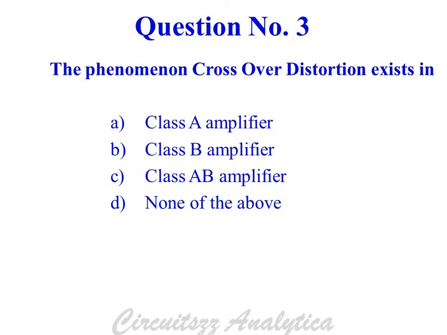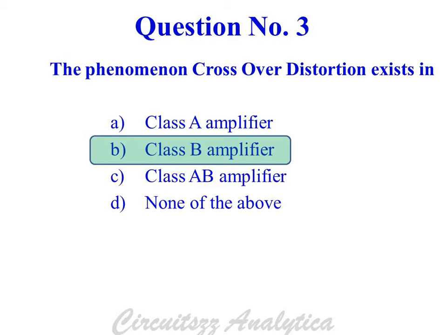The phenomenon crossover distortion exists in Class B amplifier. So in Class B amplifier, there are two transistors, a PNP transistor and one NPN transistor. In the case of a sine wave input, during positive half of the input signal, NPN transistor conducts, while during negative half of the input signal, PNP transistor conducts.